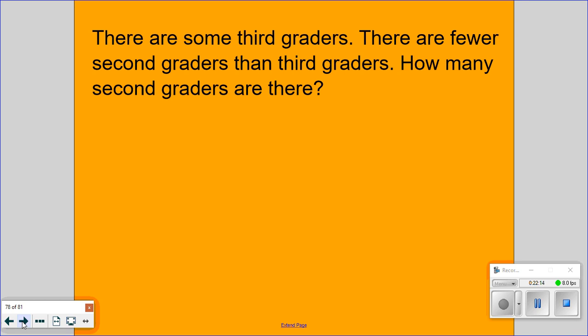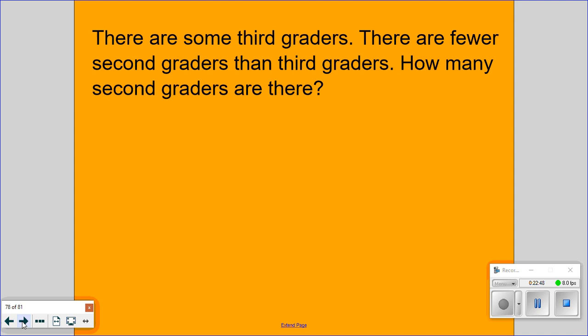Gio, what are you wondering? That would also be really good information to know. How many second graders are there? Evelyn, what are you wondering? Are there more third graders or more second graders?